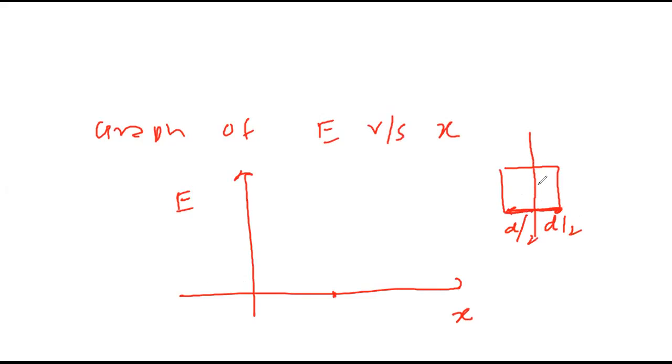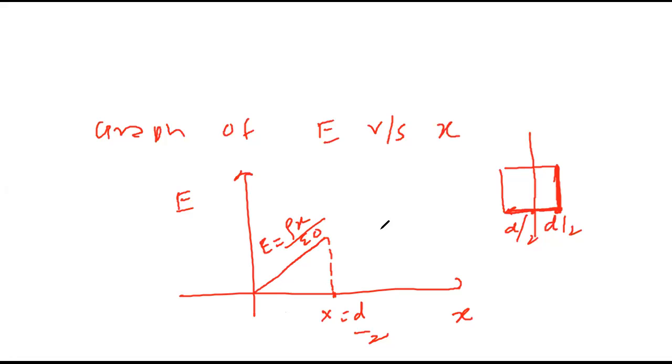The point is inside, so maximum it will be till x equals d by 2. So till x equals d by 2, the point lies inside. In that case we are getting rho x upon epsilon naught. That means it is a linear graph, where E is rho x upon epsilon naught. Linear graph, E is proportional to x.